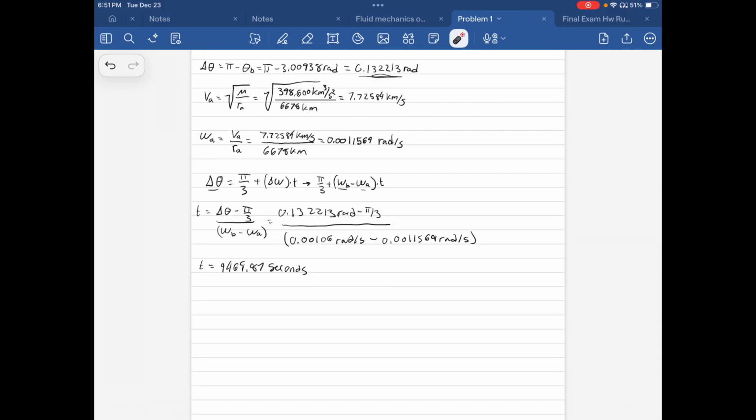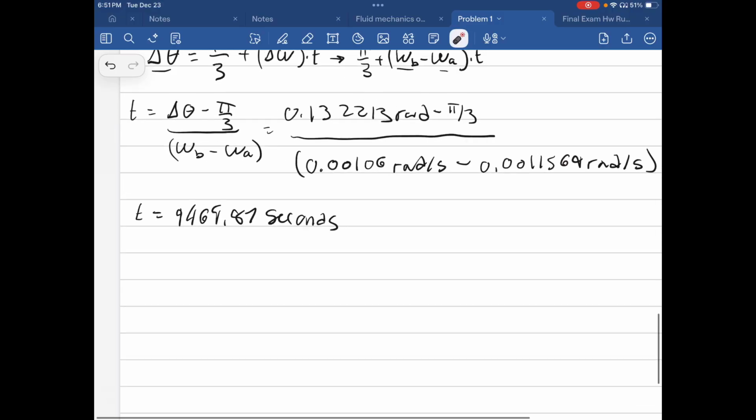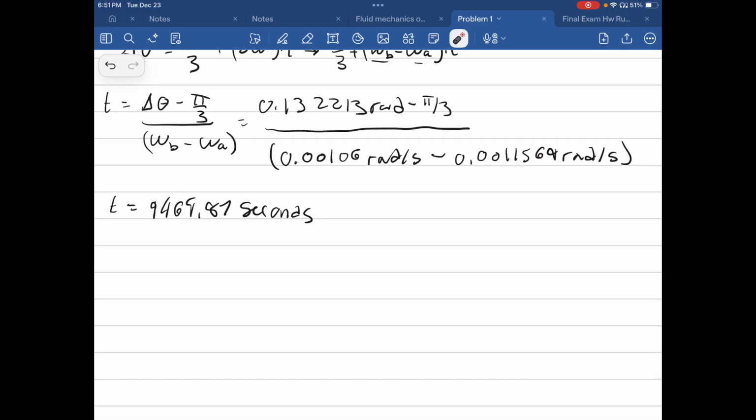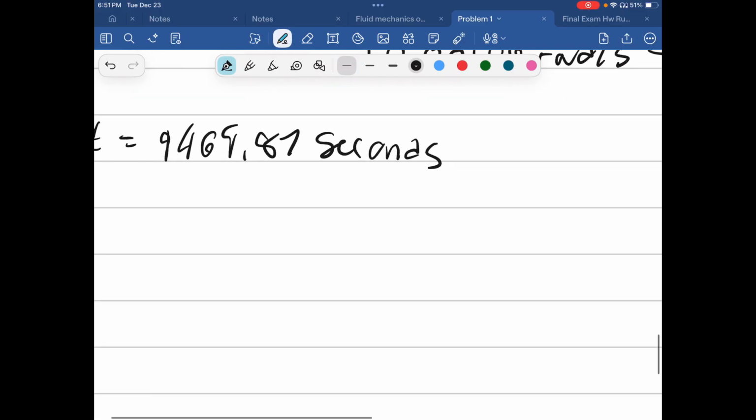So another part of this problem is finding the total delta V for this mission. This is actually pretty easy, since we already have the velocity of orbit A and the velocity of orbit B, and we have the semi-major axis of our transfer orbit.